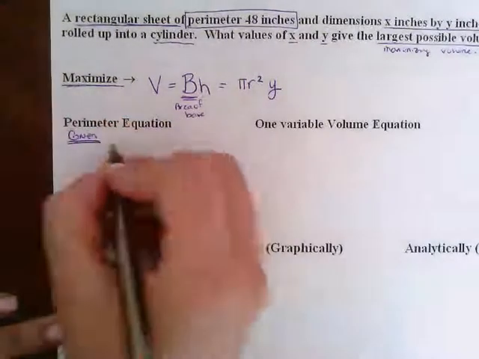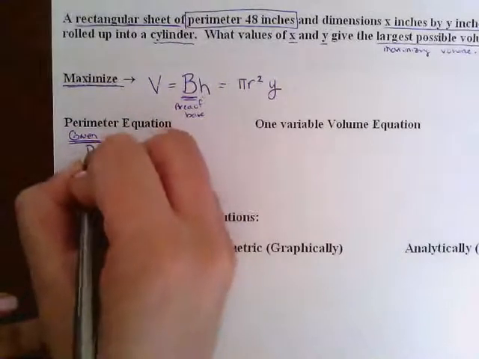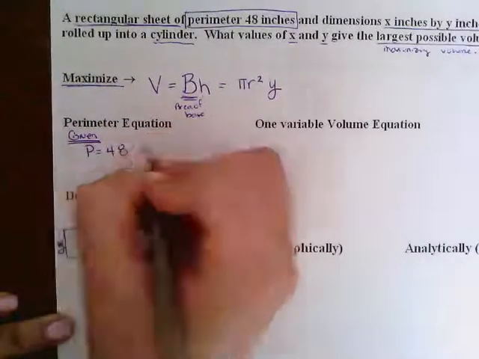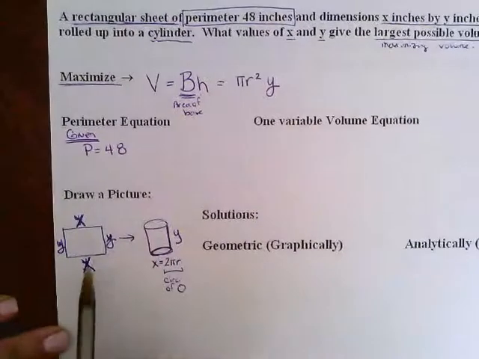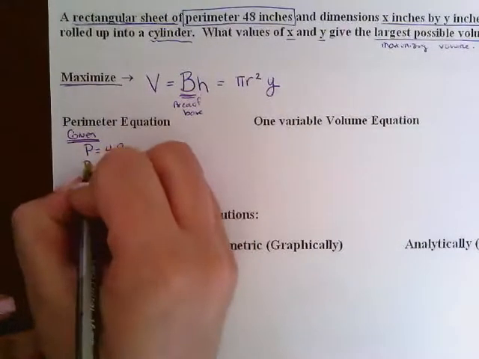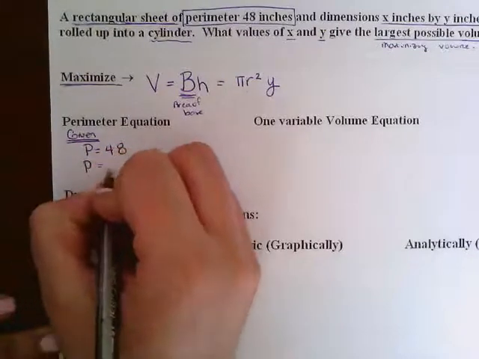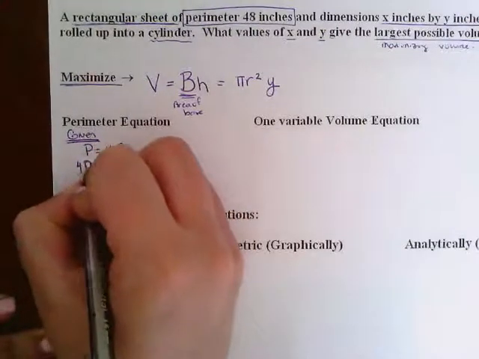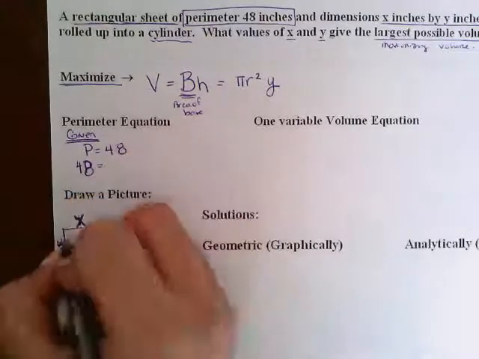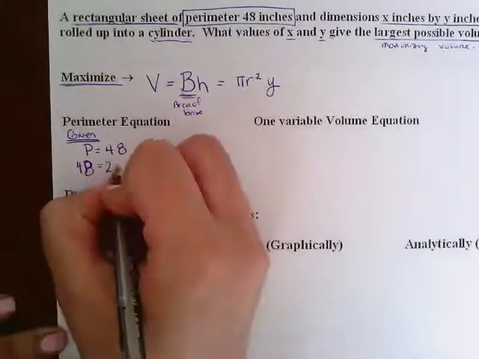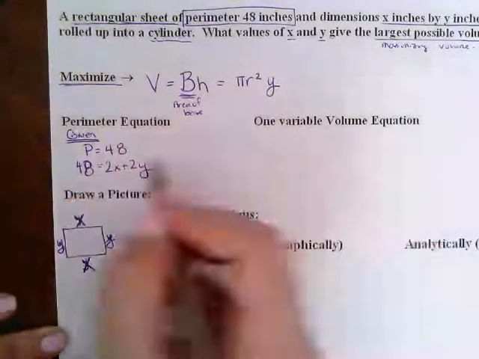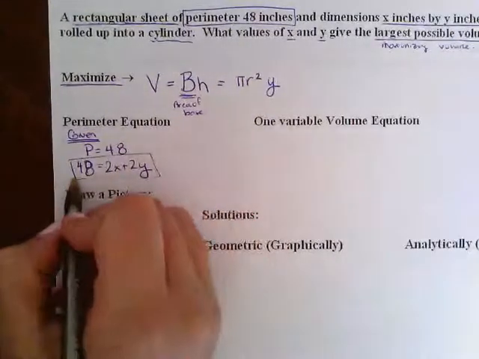They tell us that the perimeter is equal to 48. And we know that the perimeter of a rectangle means 48 is going to be equal to 2x plus 2y. So this is the equation of a perimeter.